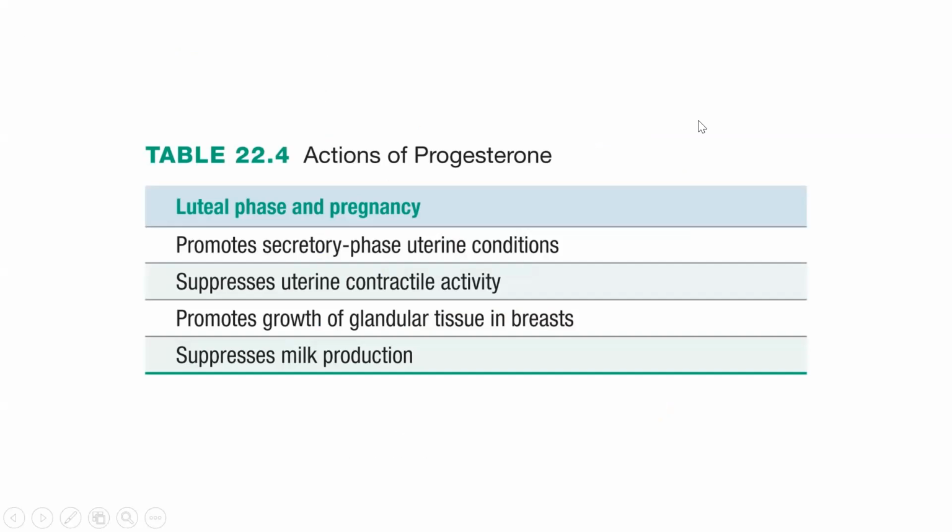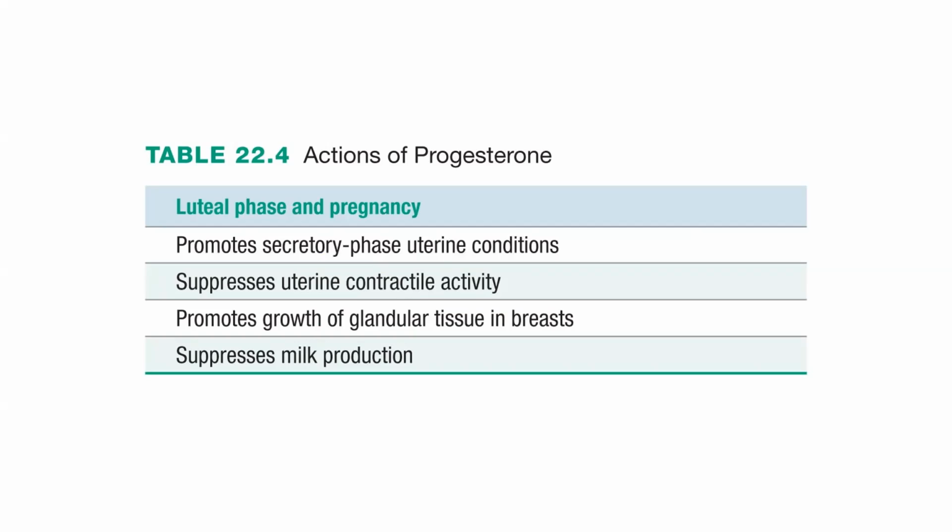Okay, let's look at the functions or actions of progesterone. So progesterone, again, is the hormone of the second half of the menstrual cycle. We can think about this as the luteal phase of the ovarian cycle or the secretory phase of the uterine cycle. Okay, remember, we're looking at two different cycles.